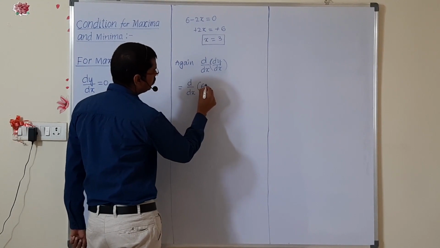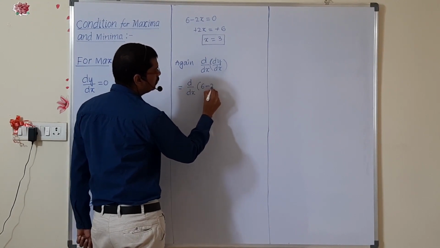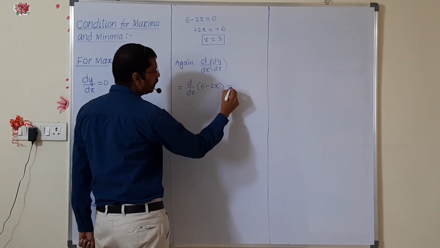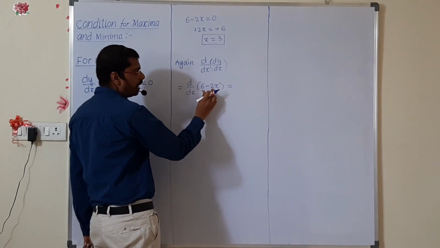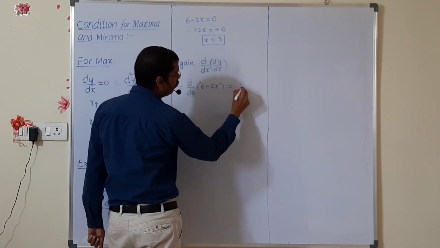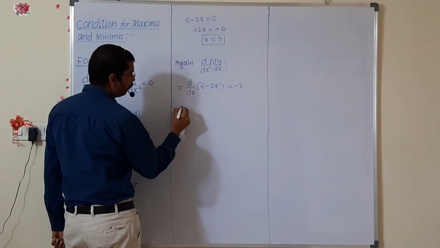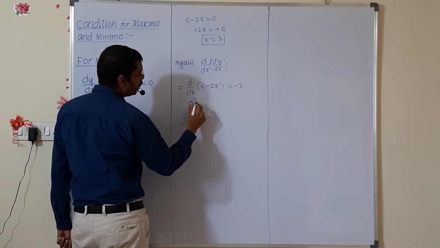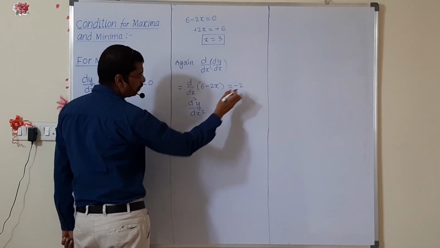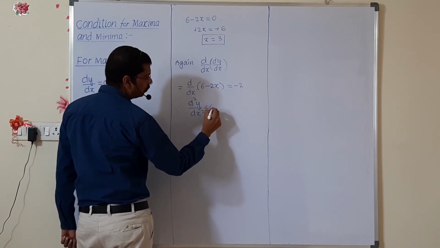Now you write 6 minus 2x. Now the differentiation value we will get is 0 minus 2, as dx upon dx is 1. The value is negative. Therefore d square y upon dx square is less than 0.